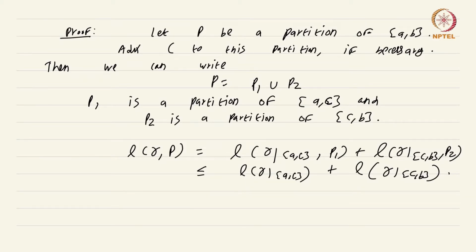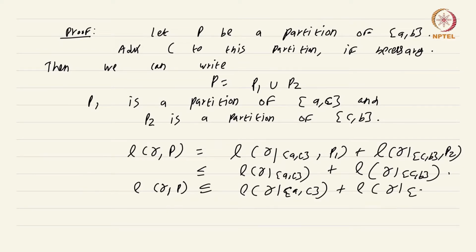This shows that length of gamma with respect to P is less than or equal to length of gamma restricted to AC plus length of gamma restricted to CB. So you can take supremum on the left over all the partitions P to conclude that length of gamma is less than or equal to length of gamma restricted to AC plus length of gamma restricted to CB. So that's one side.